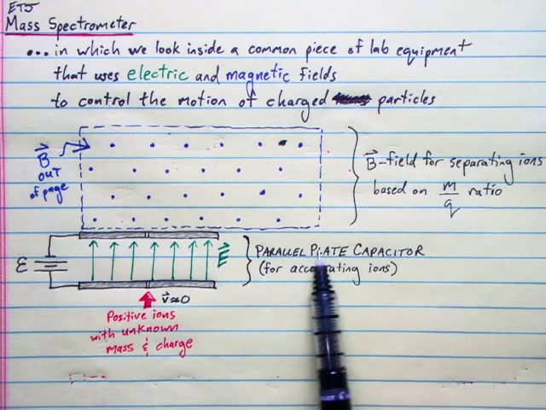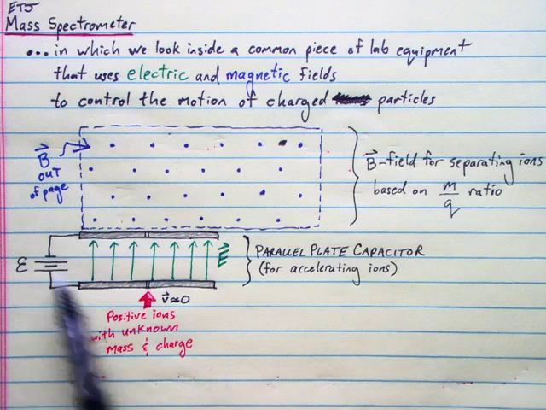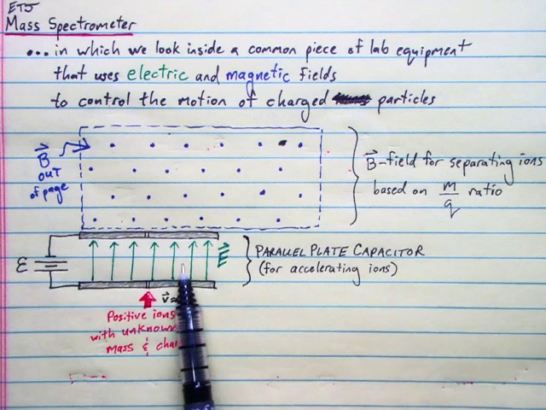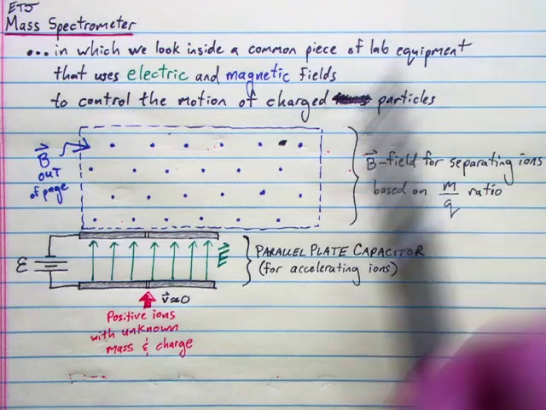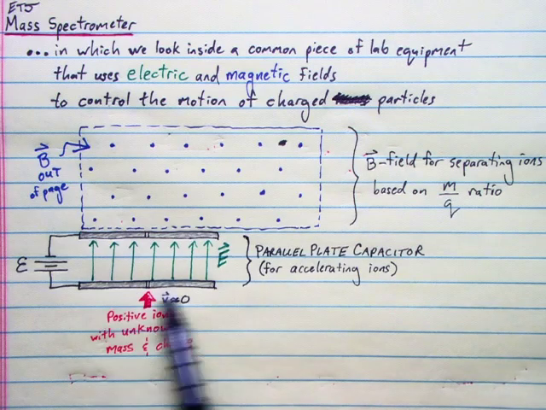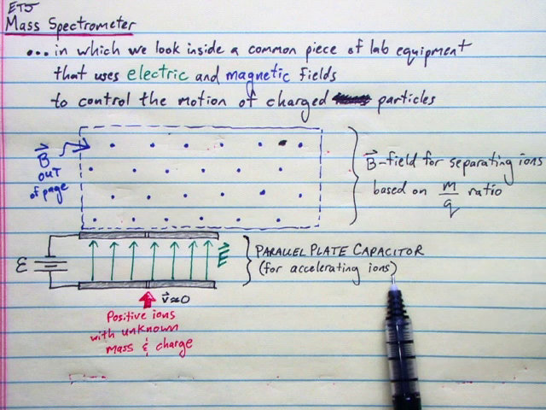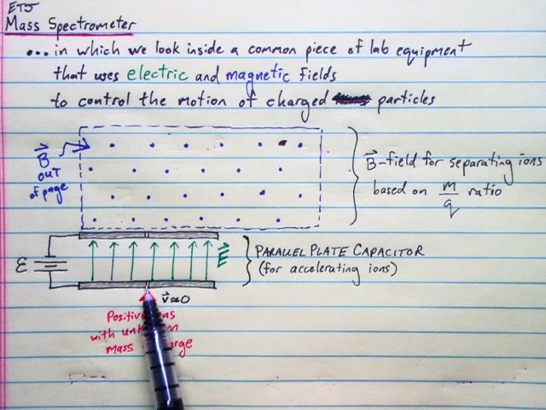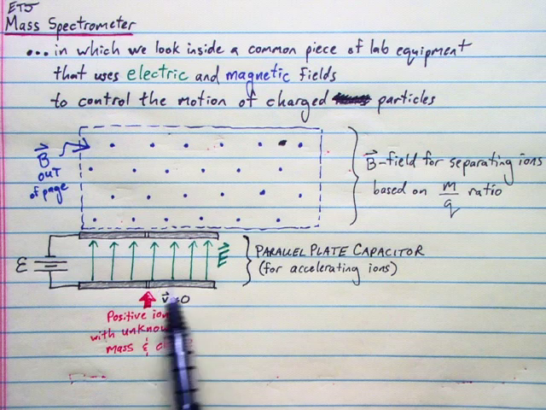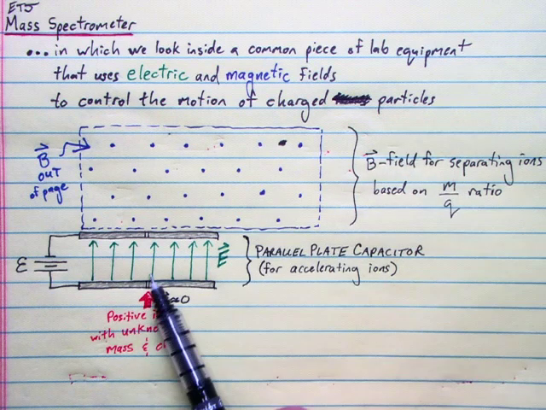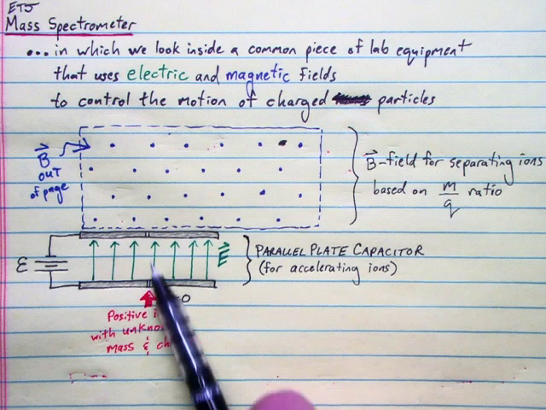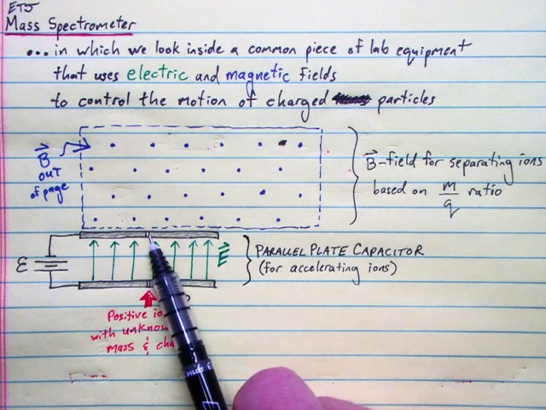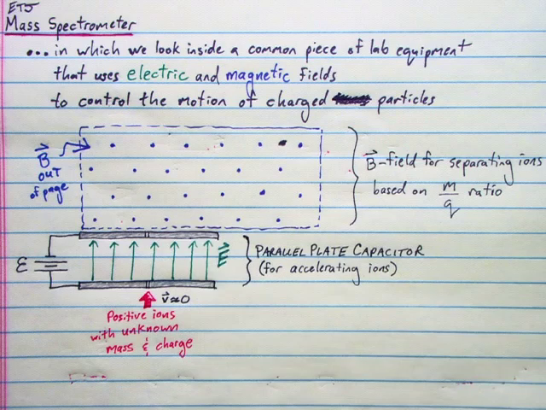This is a parallel plate capacitor. So we've got an EMF generating a uniform electric field between these two plates. The purpose of this component is to accelerate those ions, to speed them up as they move from the bottom plate, passing in through this small hole, initially with a very low speed, then accelerating them to some known final speed as they exit through the top plate through this small hole.